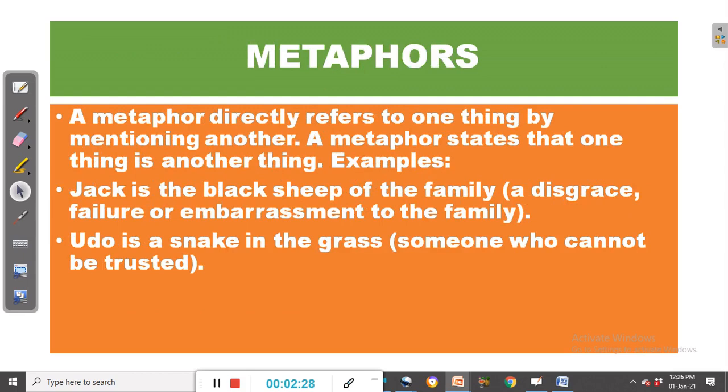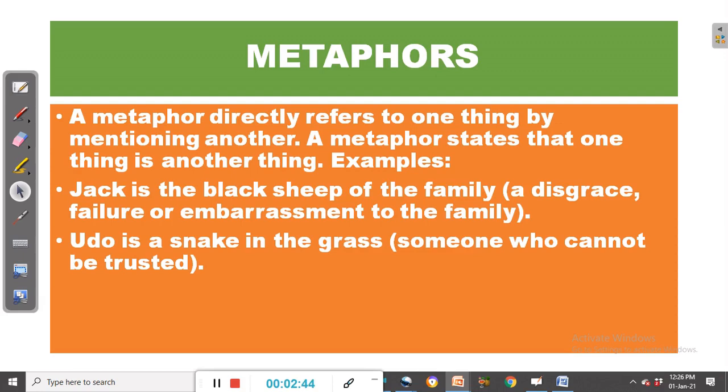Now, using metaphors, you need to understand that a metaphor directly refers to one thing by mentioning another. A metaphor states that one thing is another thing. For example, Jack is the black sheep of the family.